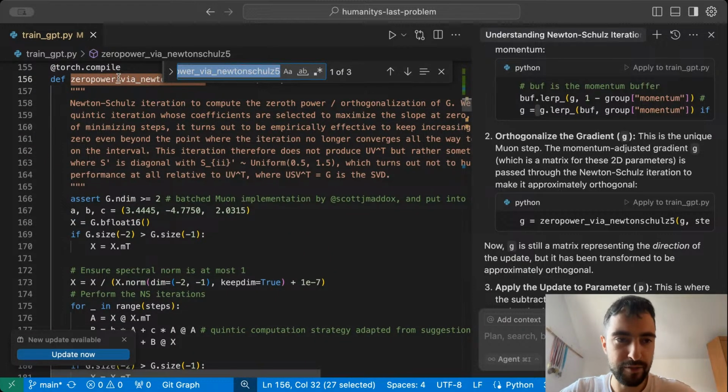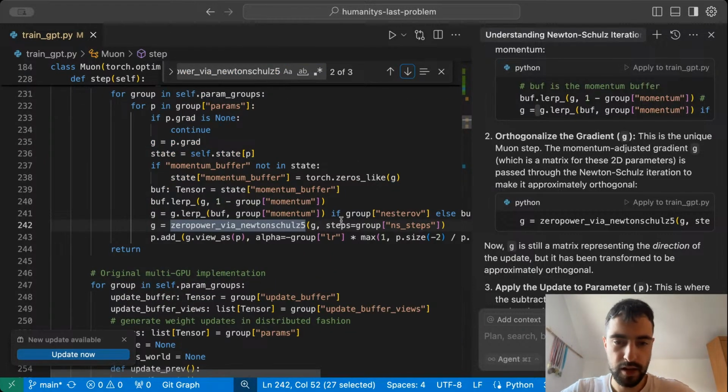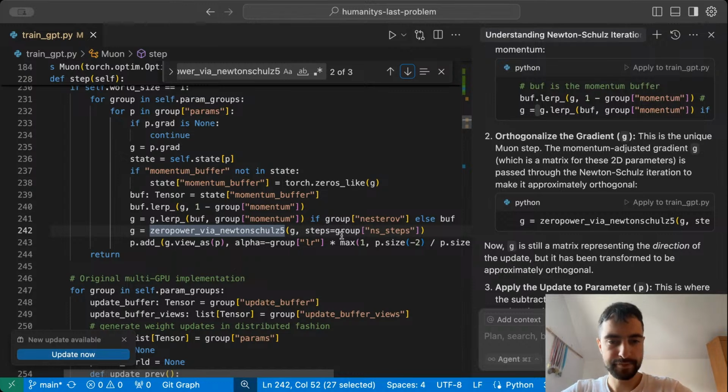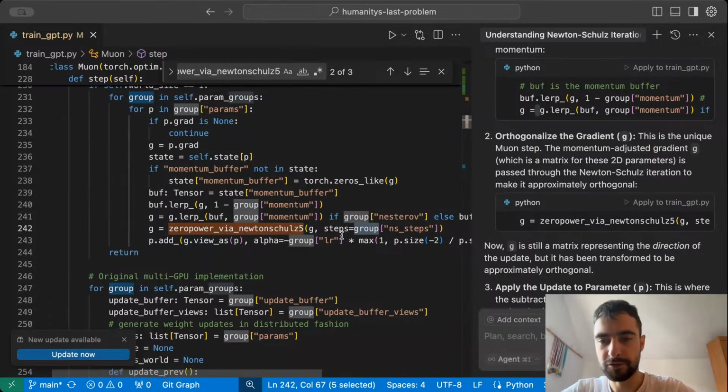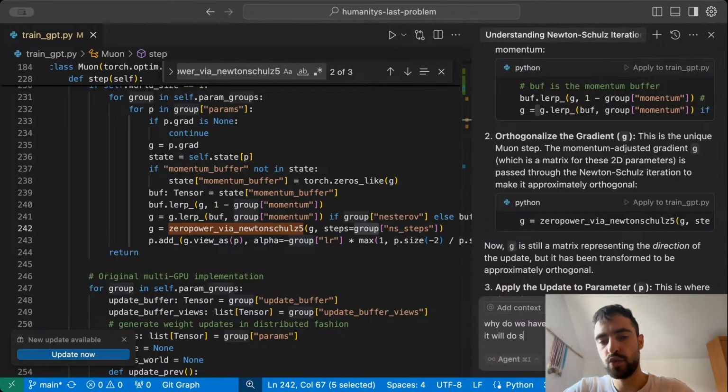So I don't know why we have a predetermined number of steps. What is this group? I don't know.